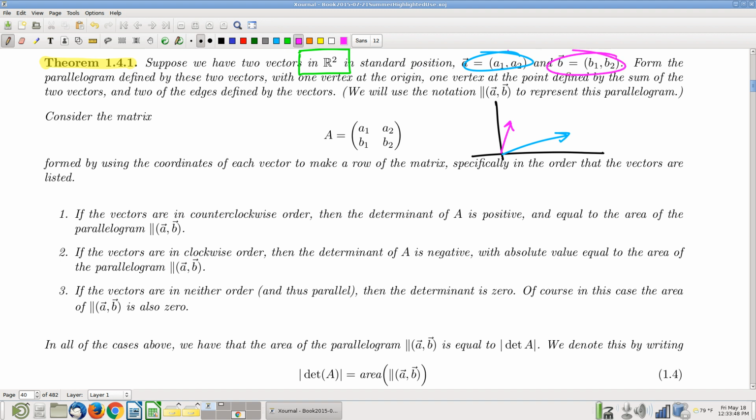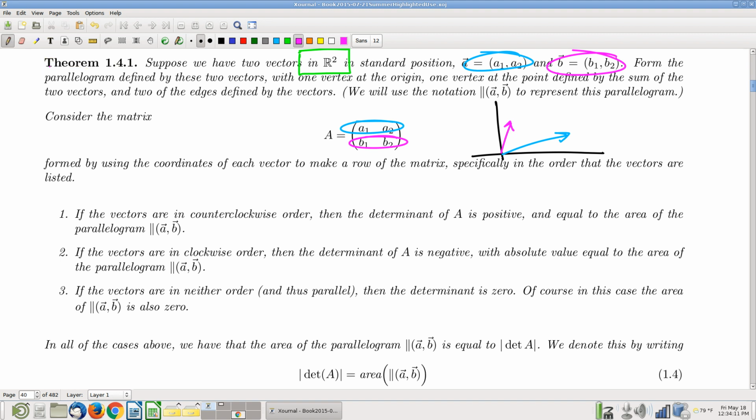Notice that there's a couple of things that I can generate from those two vectors. On the one hand, I can make a matrix out of those two vectors. I could take the first vector listed, the A vector, and make that the first row of a 2x2 matrix. Then I can take the coordinates of the second vector listed and make that the second row. And lo and behold, I have a matrix.